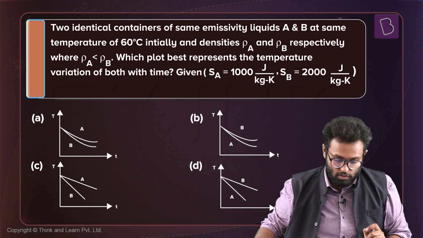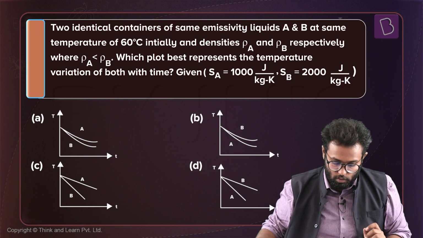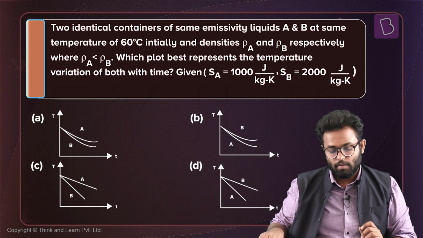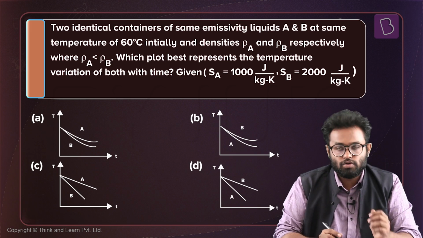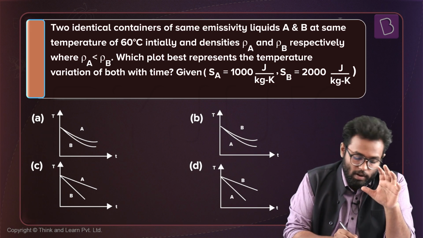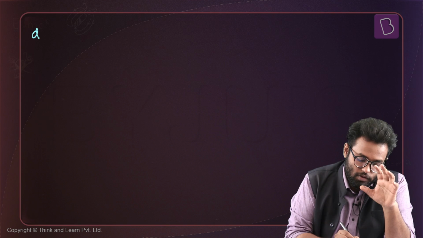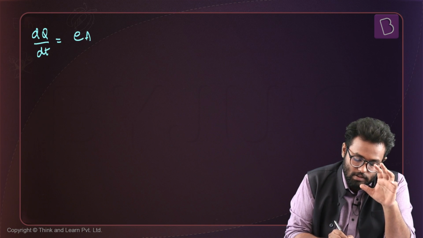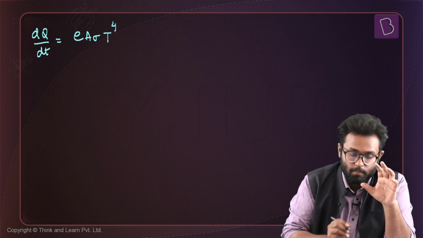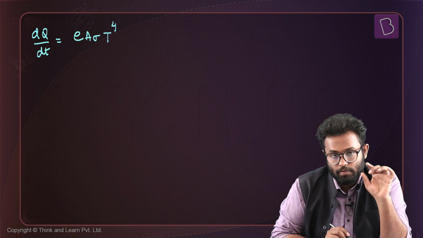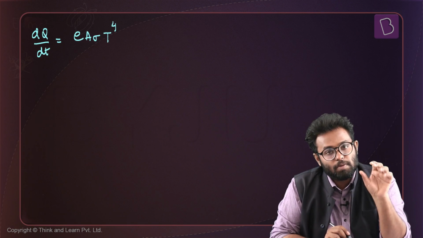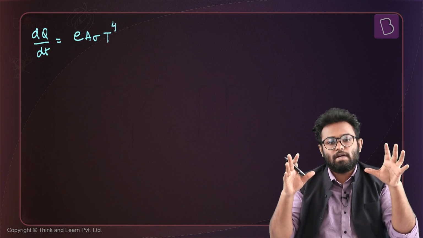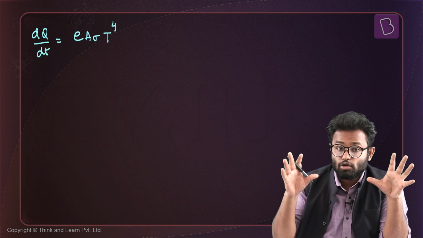So let's see this. How am I going to approach this problem? There's one equation I know, that the rate at which heat is dissipated from any object is EA sigma T to the power of 4, where T is the temperature of that object. But if the surrounding is at a temperature of T naught, then it is also gaining heat.